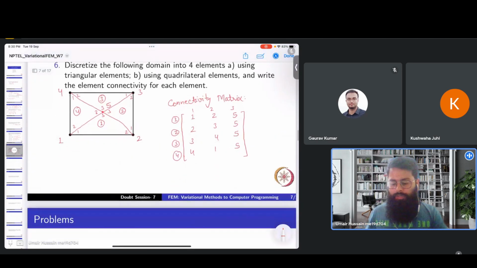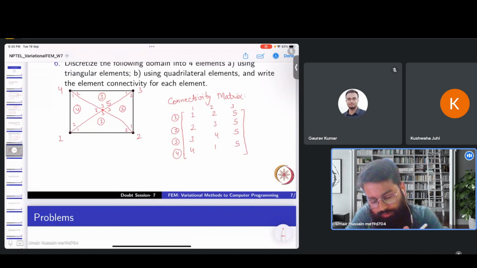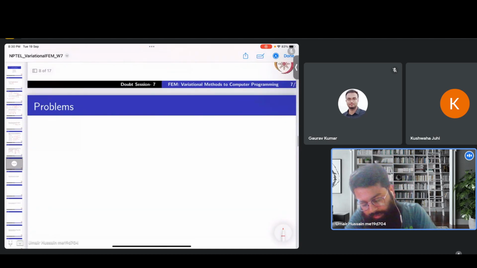Okay, yeah. Now we also had to discretize this using quadrilateral elements. We again have this. So now we have to create four quadrilateral elements. We have this and this. This makes four quadrilaterals.